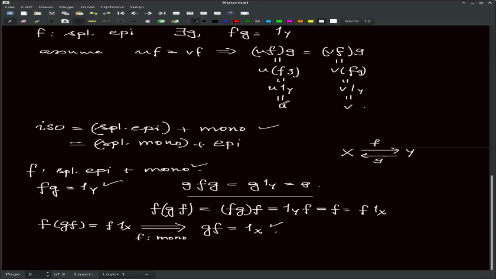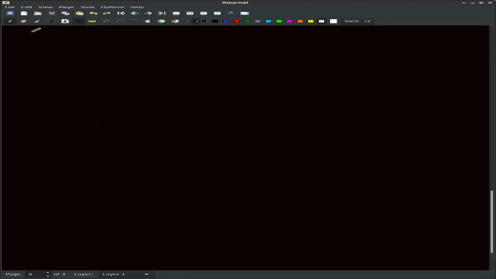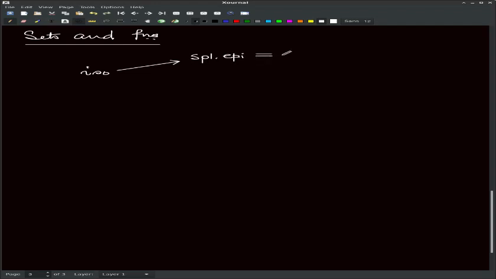But for instance, in sets, when we are considering sets and functions only, the situation is very, very simple. The situation is just this, and similarly this.